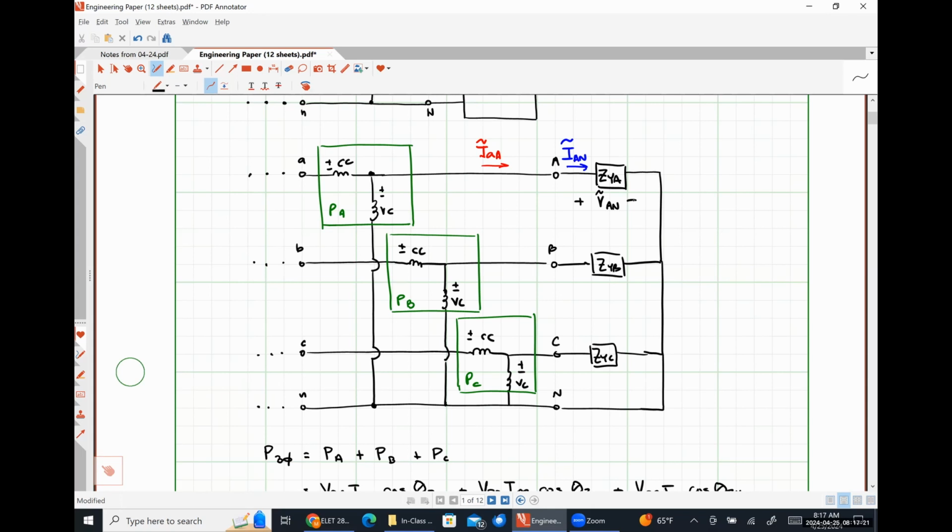Now, why I'm bringing that up is because we won't always have access to those quantities depending on what type of load we have. For example, in a three-phase electrical motor, we will only have access to transmission line terminals, right? We won't have access to the neutral usually. We don't need it by any stretch of the imagination.